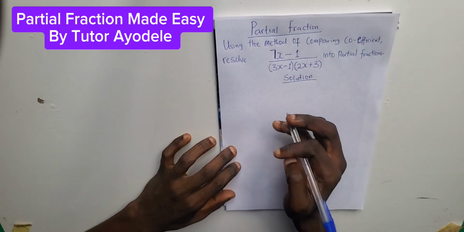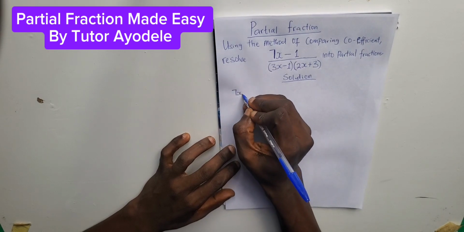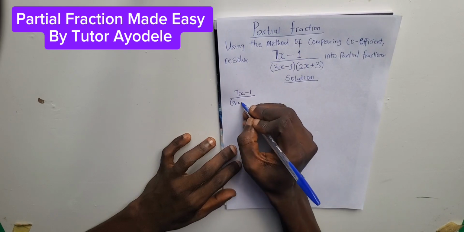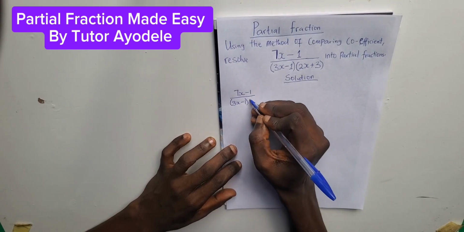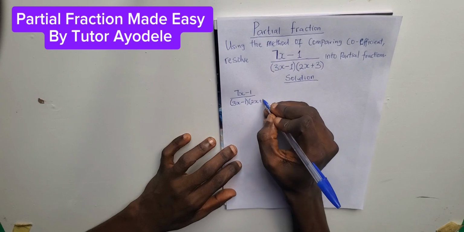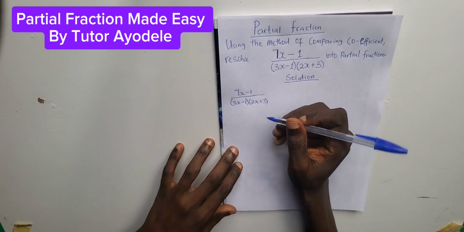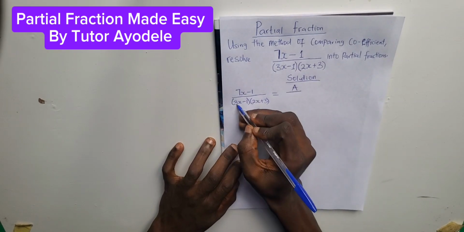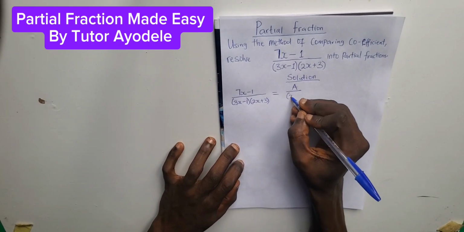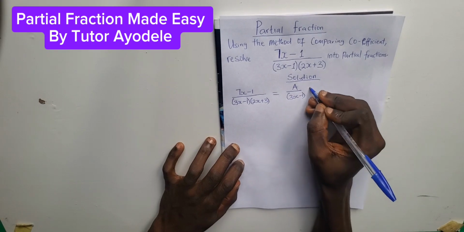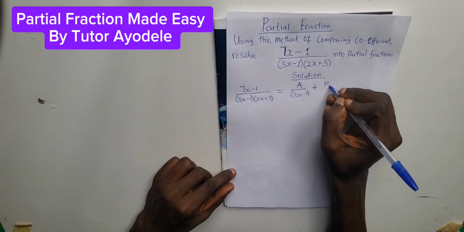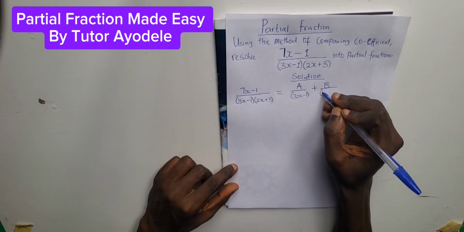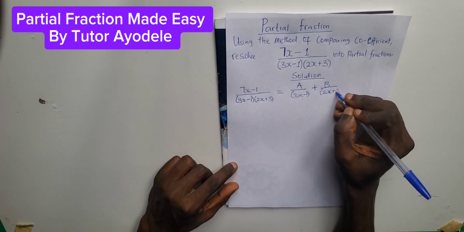Let's rewrite this expression here. We have 7x minus 1 over (3x minus 1)(2x plus 3). If I'm to break this, I will have A over the first one, which is 3x minus 1, plus B over the second one, which is 2x plus 3.